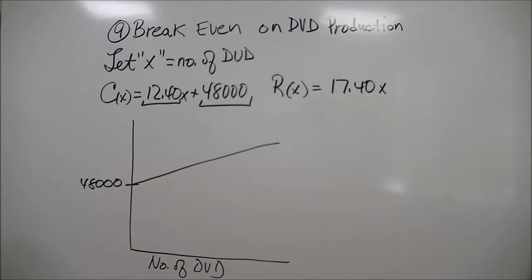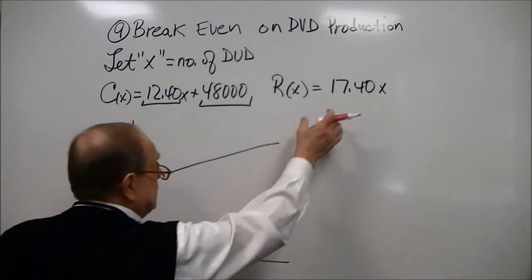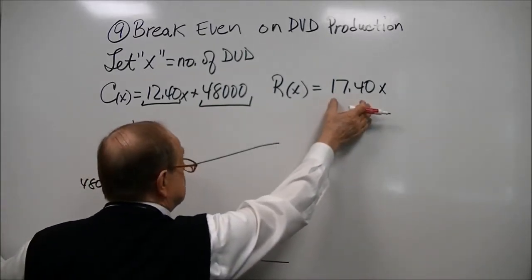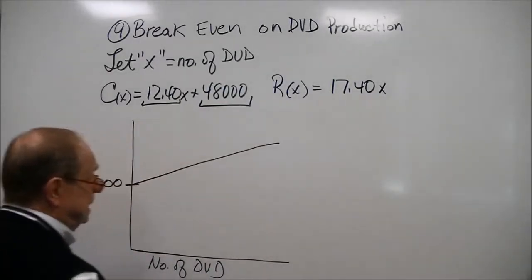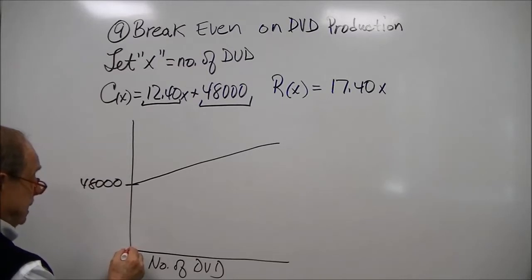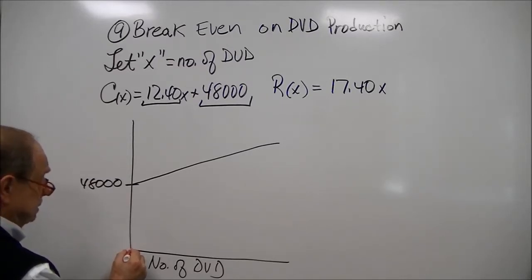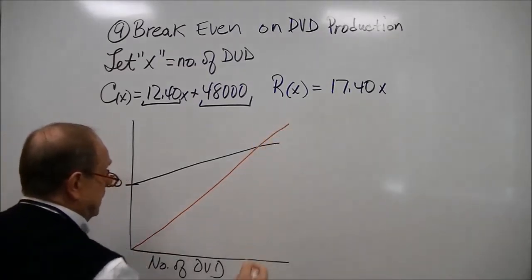And as I sell them, I figured out I'm going to sell them at a reasonable price of $17.40 for each DVD. So I'm starting here with no sales at all, and I'm going to have a graph that looks like that.